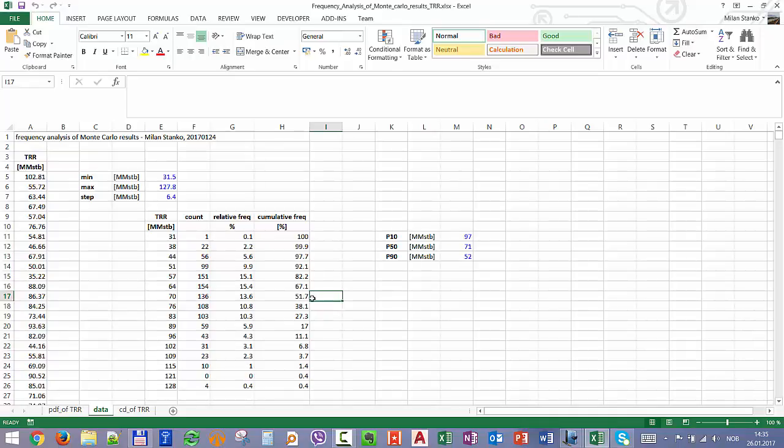If I say that number or lower, I would have to do the summation from top down. That's not the definition of P10, P50, P90, which is that the value is equal or higher. But be aware of that: if you sum from top down, it's equal or lower, and if you sum from bottom up, equal or higher.